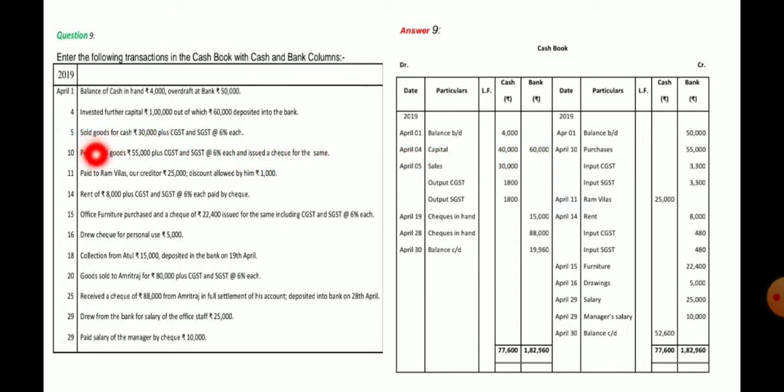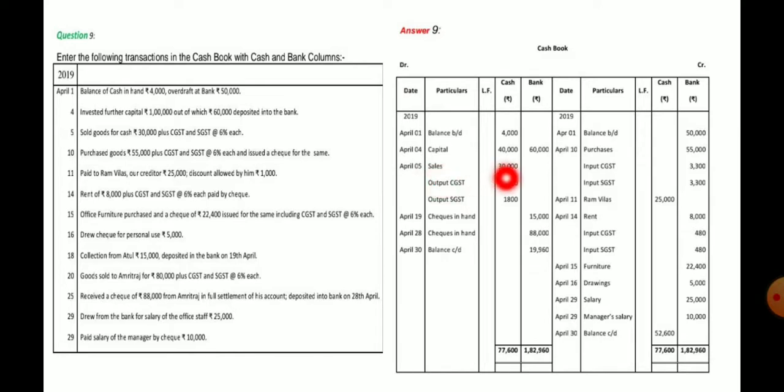On 5th, sold goods for cash 30,000 plus CGST and SGST 6% each. So on 30,000 rupees, we have to calculate 6% CGST and SGST. That is sales, because we sold goods and received money, it will be recorded on the debit side.